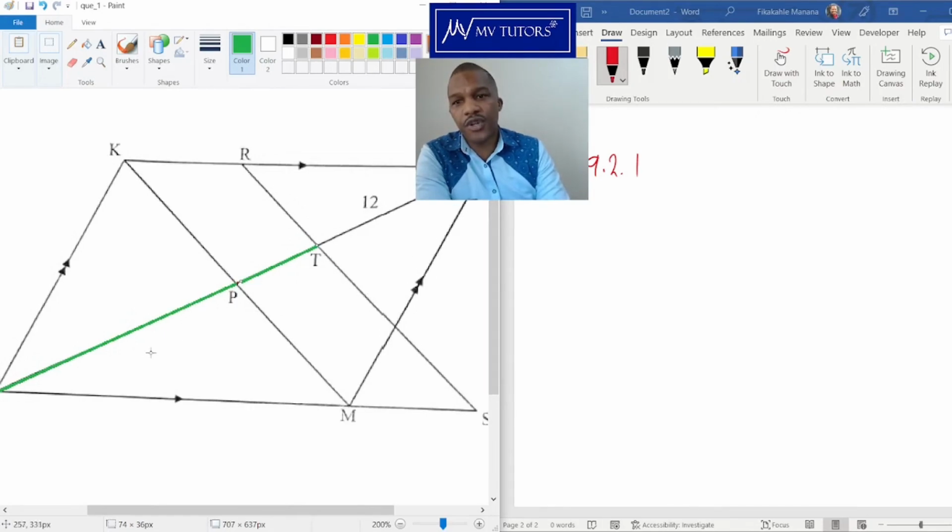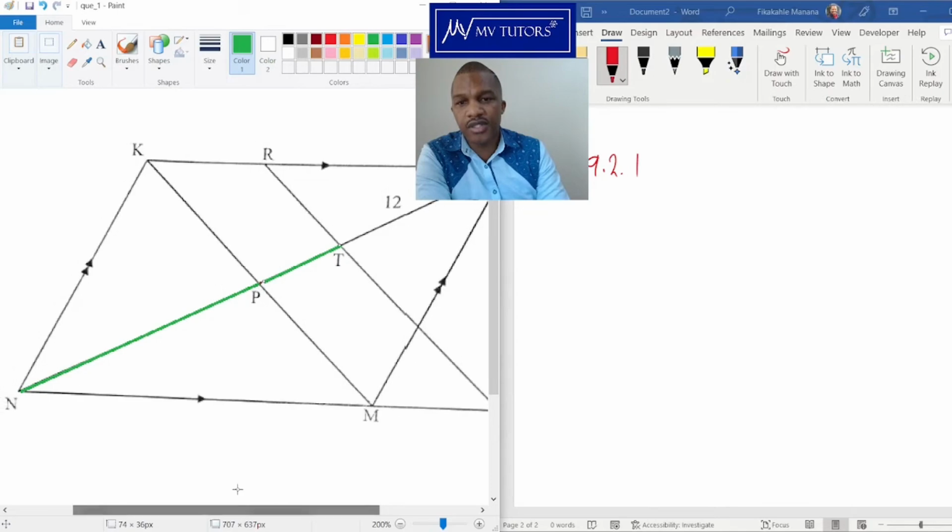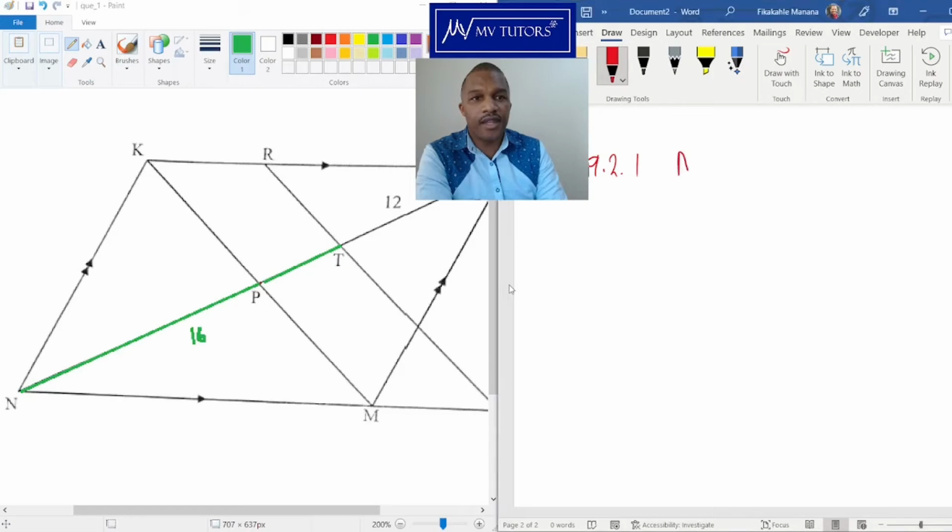First of all, we know that NP is 16, right? So we're going to say NP is equal to 32 divided by 2. And the reason for this is because, remember, diagonals of a parallelogram bisect each other.